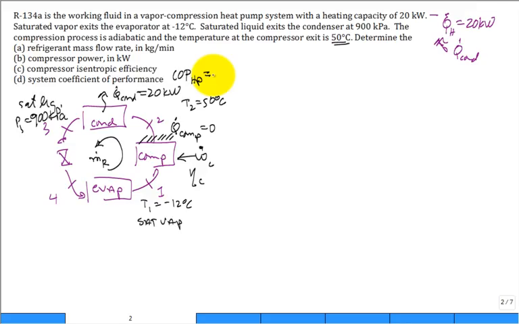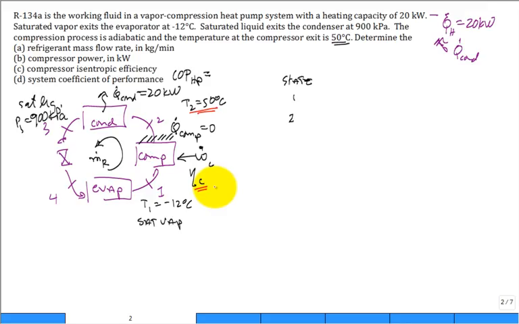Make a table of the properties, and so state 1, 2. Now state 2, because it's funny the way they've worded it, do you think that it's isentropic compression in the compressor? If they ask you for part C to calculate the isentropic efficiency, it's probably less than 100%, isn't it?